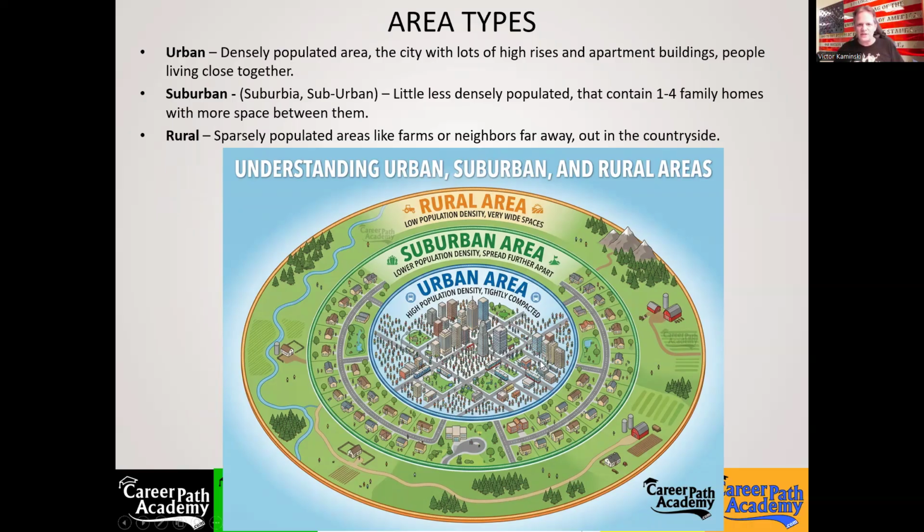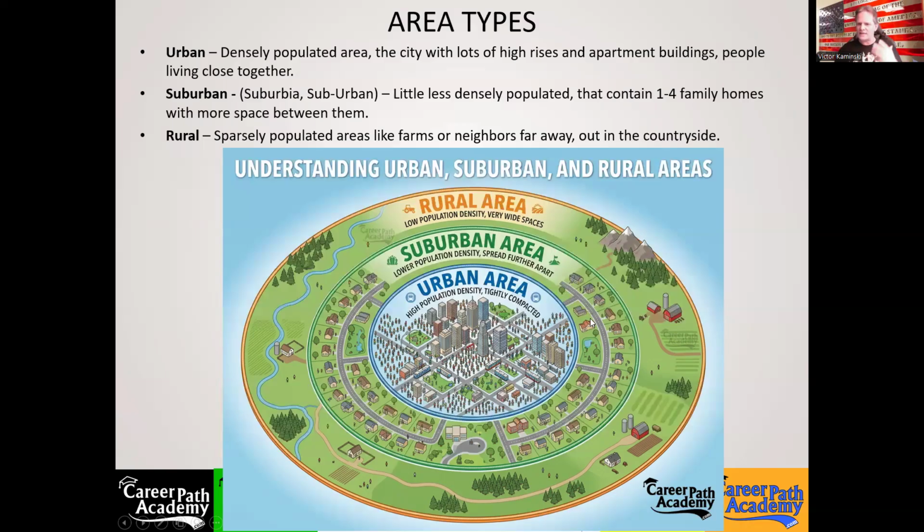So here you can see in this circle, I got 3 rings here that I created through AI. We have the urban area as a highly populated population density that's tightly compacted, high rises and apartment buildings, a lot of people living within a close proximity of each other. Suburban areas are a lower population density. The homes are spread a little further out.